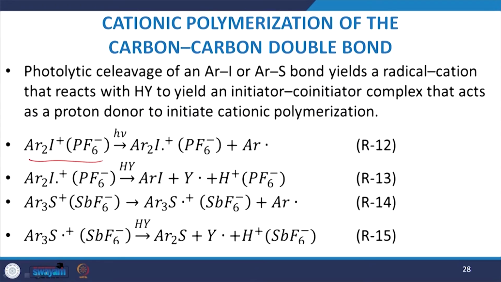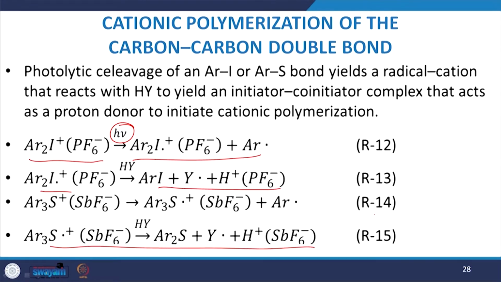So, if you see this particular reaction here, these two, with the help of this photoelectric effect, form the various complexes, and then they may react with the monomer to initiate this cationic polymerization, or to be more precise, with respect to the carbon-carbon double bond.